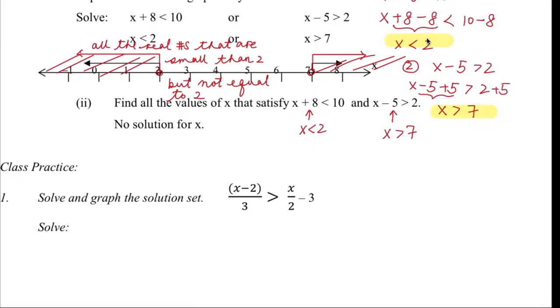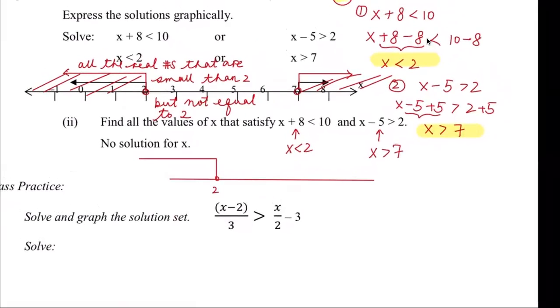So if you draw this on a real number line, so this is 2, right? So this is smaller than 2, and this is greater than 7, right?